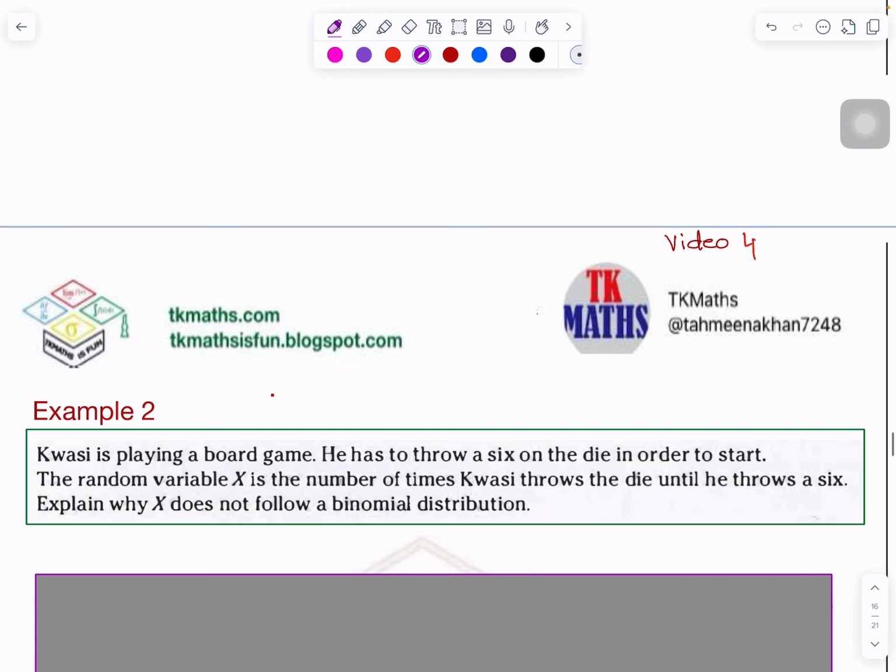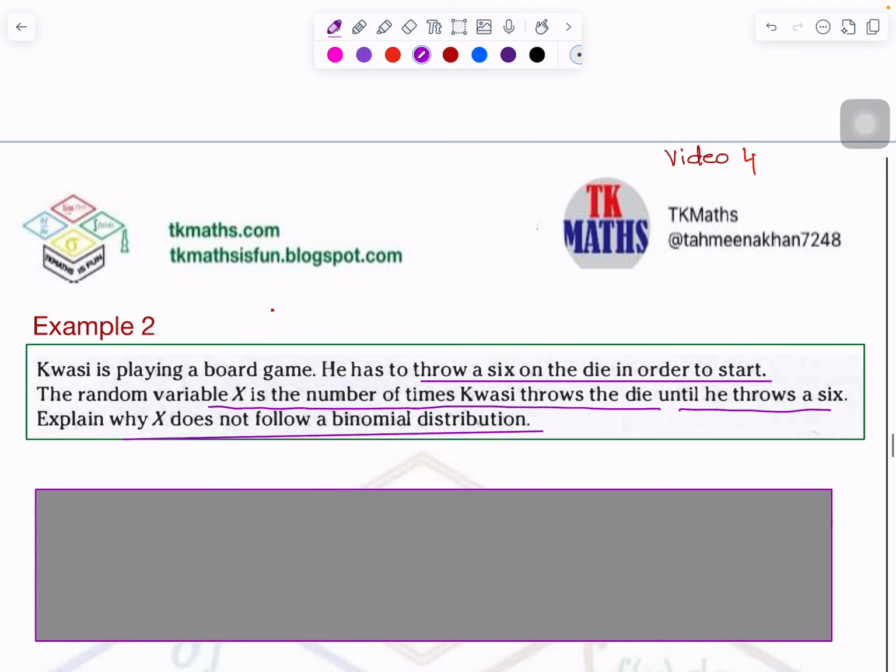Next question. Kawasi is playing a board game and he has to throw a 6 on the die in order to start. The random variable x is the number of times Kawasi throws the die until he throws a 6. Now you have to explain why it does not follow a binomial distribution. Very simple question, right? What is the reason? Yes, you are right.